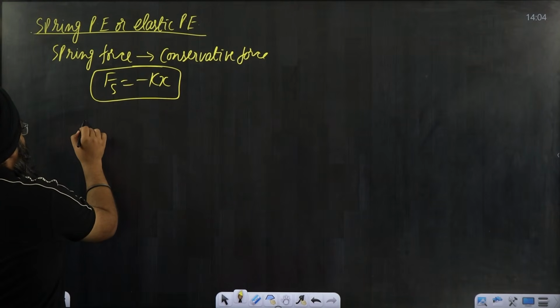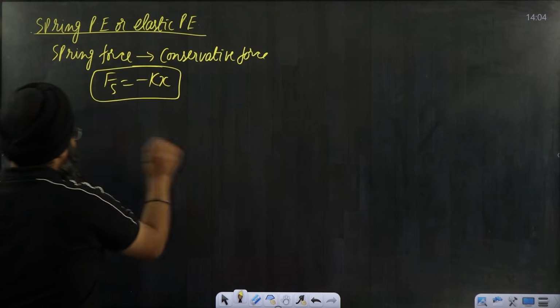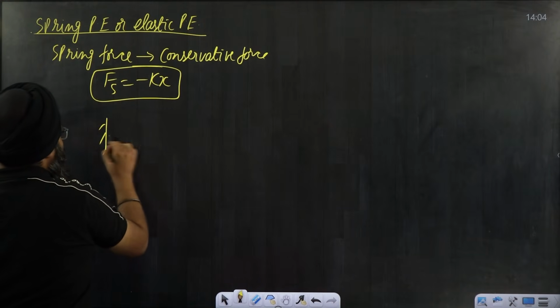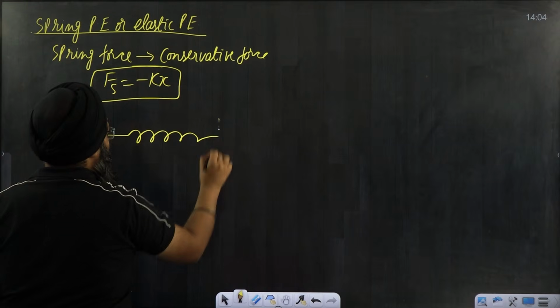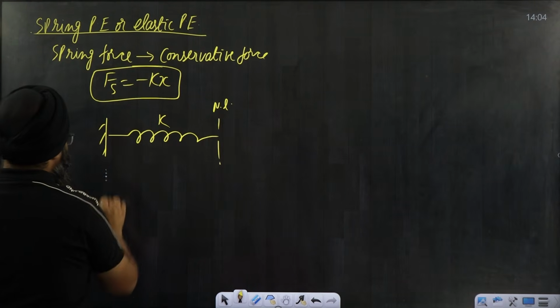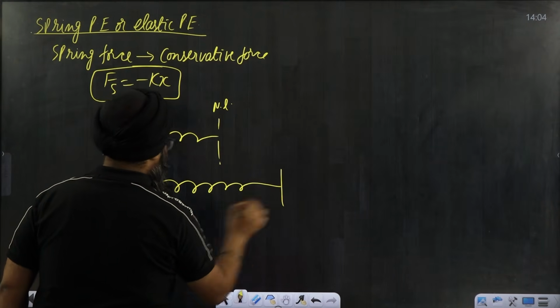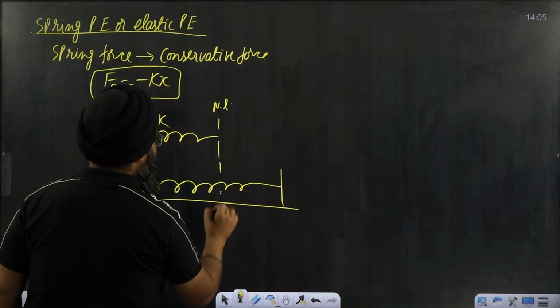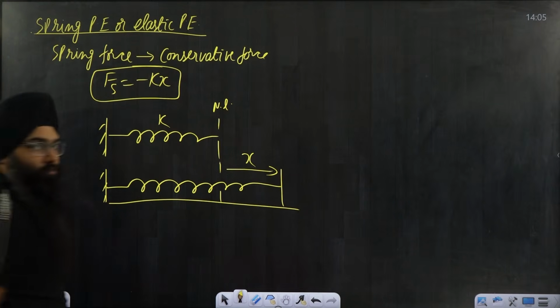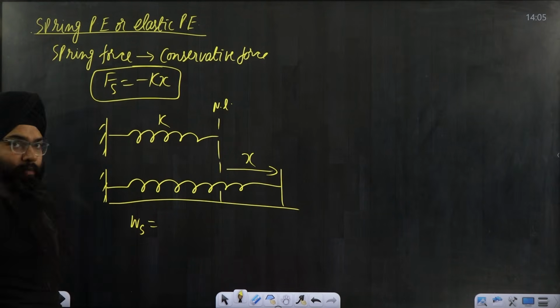So what will be the work done by the spring? Let us do it like this. Suppose I take a spring, and let us suppose spring constant is k, and this was the natural length. Now let us suppose I displace the spring by a distance x. What will be the work done by the conservative force?